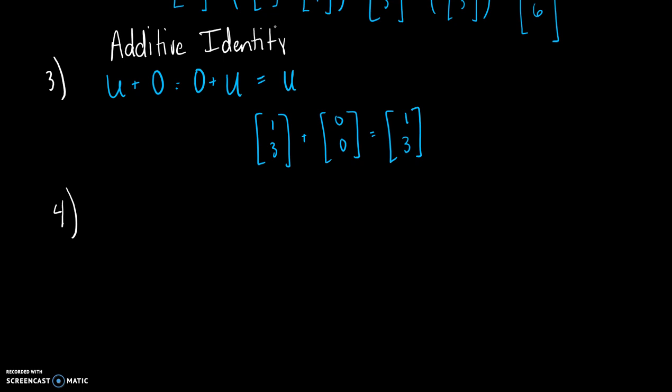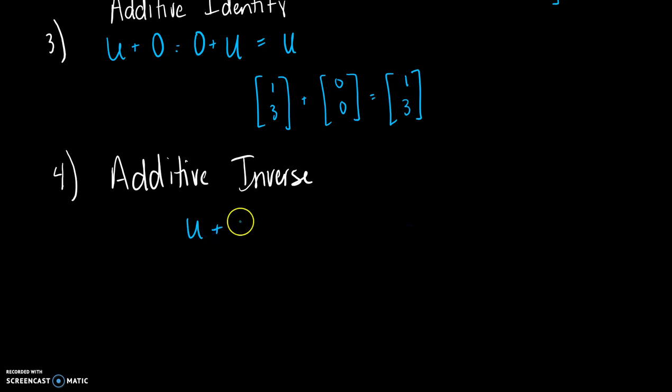Alright, so now let's look at the next one, and we'll call this one the additive inverse. And what this basically states is that if we have a vector u plus the negative of it, we get the 0 vector. Okay? And that should make some sense, right? So we have (1, 3) plus negative (1, 3).